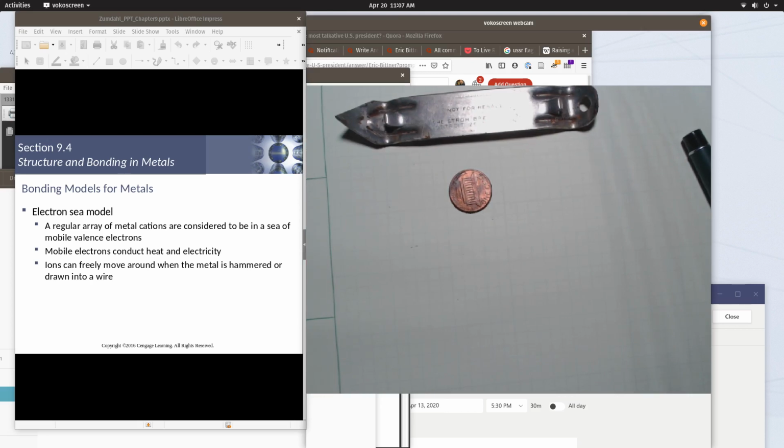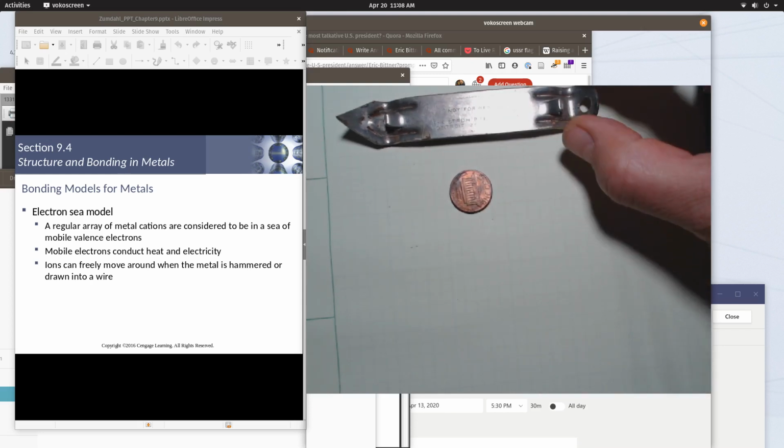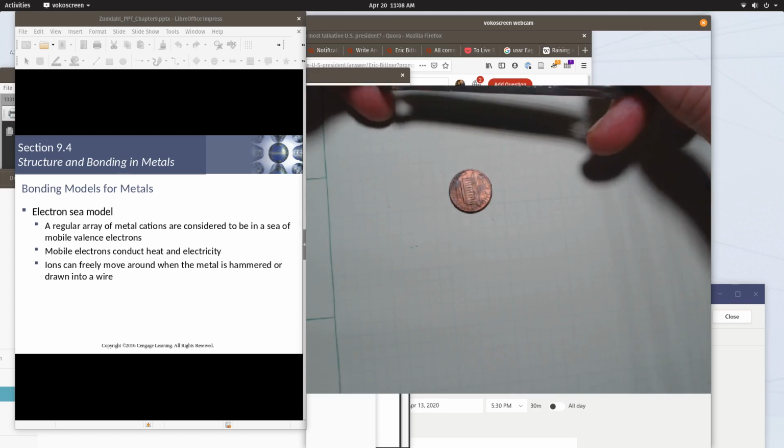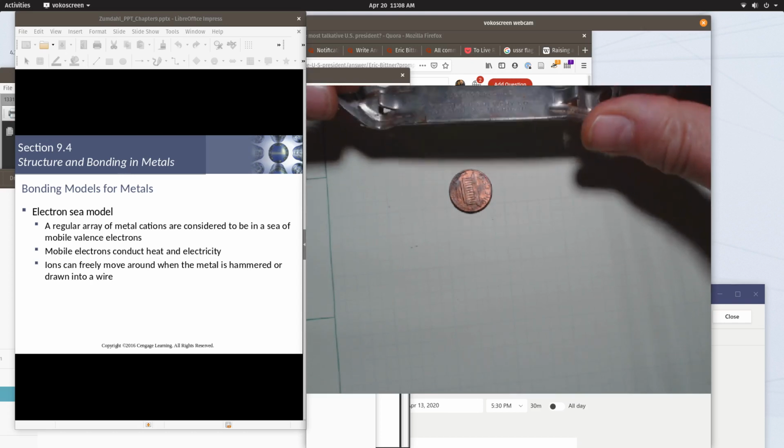And so on. We can demonstrate the magnetic moment easily if I can find a compass. I usually have one on my desk someplace. But we're familiar with the properties of a metal. The key with the metal, you notice it has a shine to it, a metallic luster, and it's malleable.